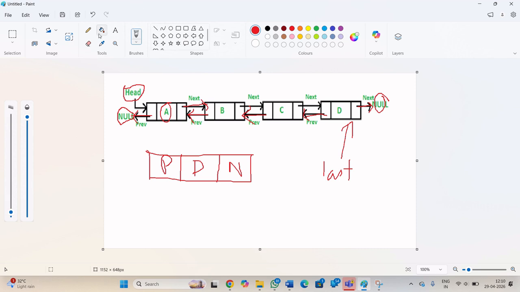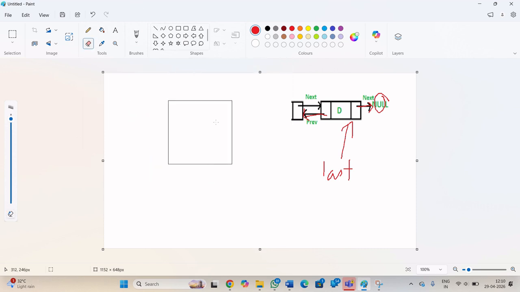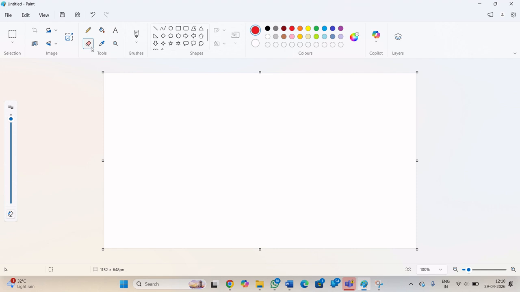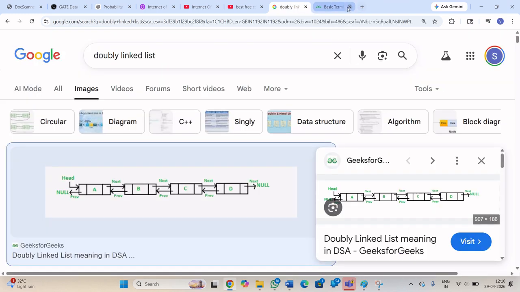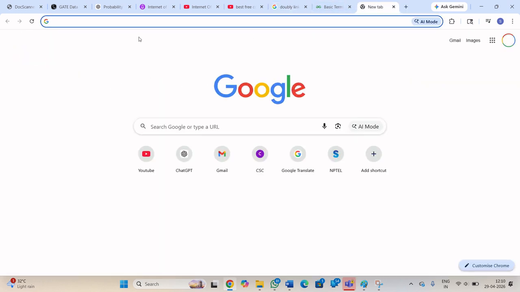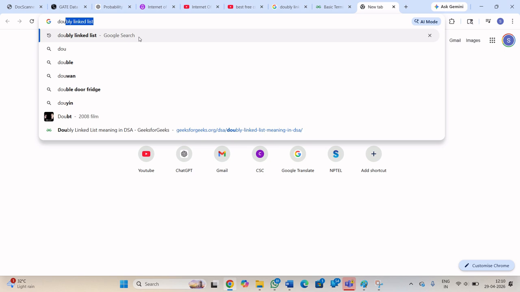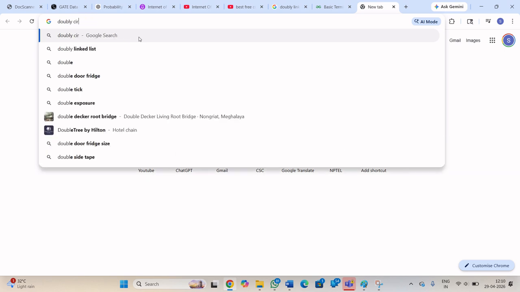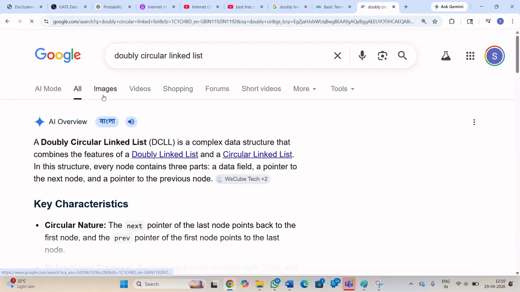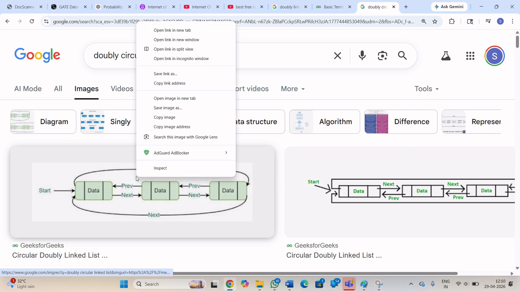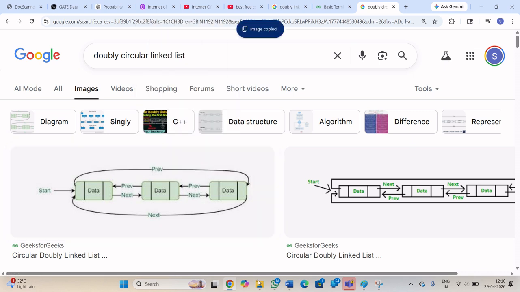Now we can go to the doubly circular linked list. It is a very easy topic.